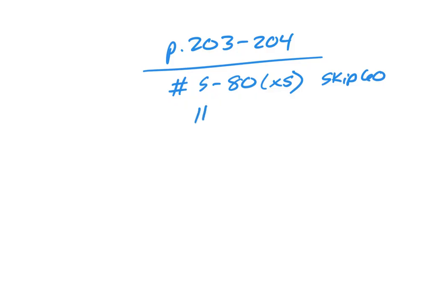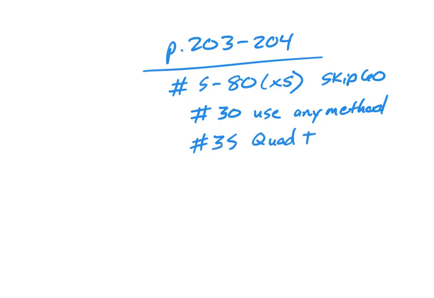On number 30, you can use any method. Don't use, I think that is a completing the square one, and we did not talk about completing the square, so you don't need to worry about that. And on number 35, you're going to use the quadratic formula.